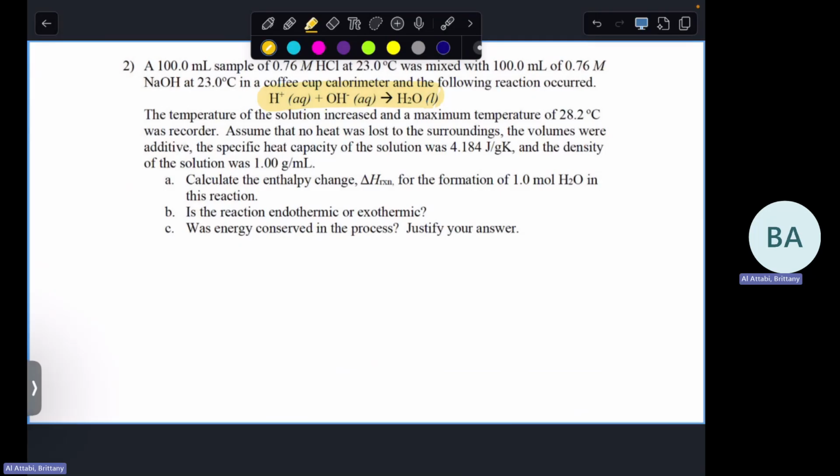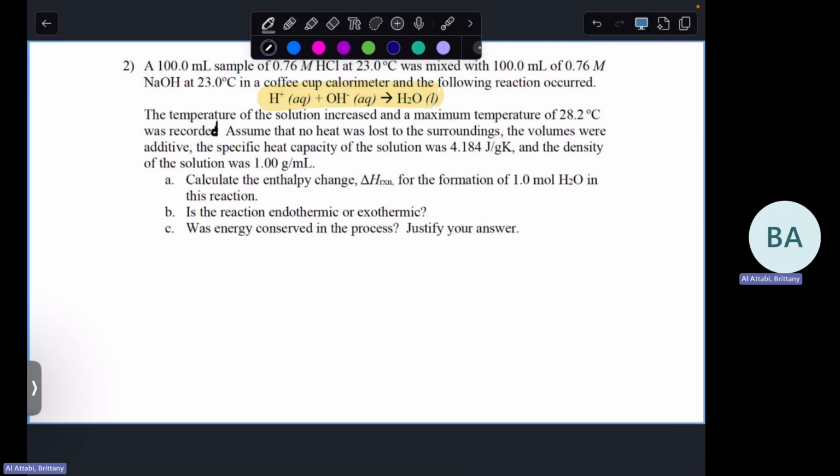This is what happens in any acid-base neutralization reaction. You've got H's and OHs that neutralize and become water. The temperature of the solution increased and a max temperature of 28.2 degrees Celsius was recorded.